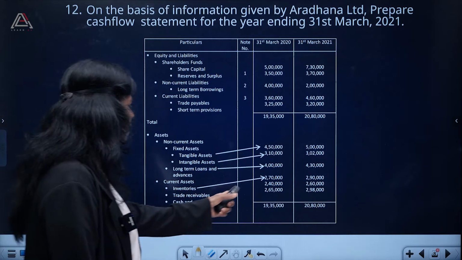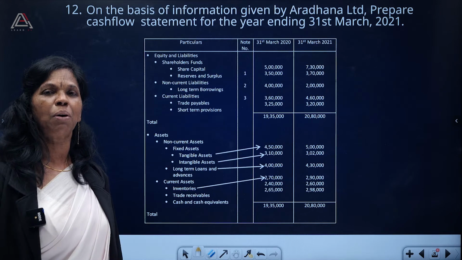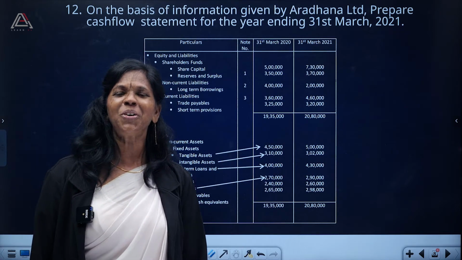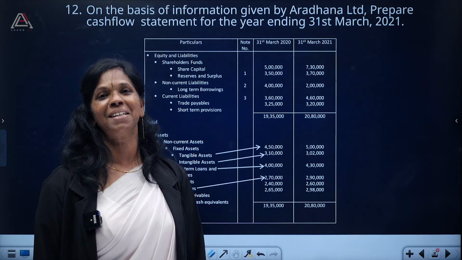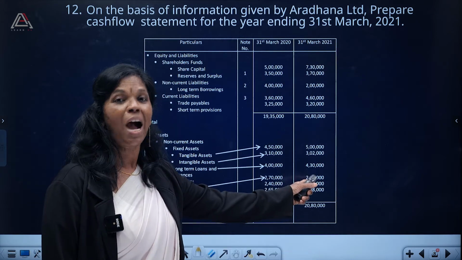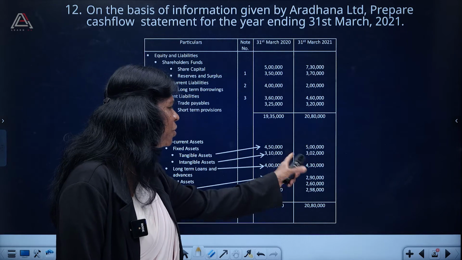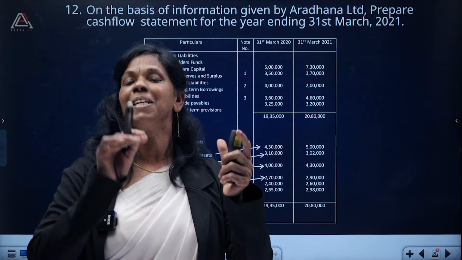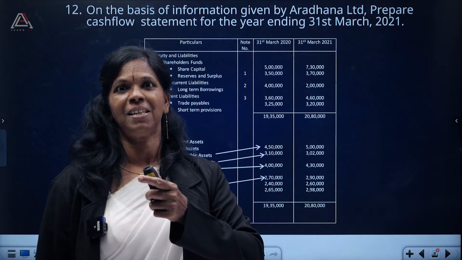Inventory. First year, how much is it? 2,70,000. Second year, how much is it? 2,90,000. Is it increase or decrease? It is an increase. Take the difference between 2,90,000 and 2,70,000. How much is it? 20,000. It is an increase. An increase we have to deduct.